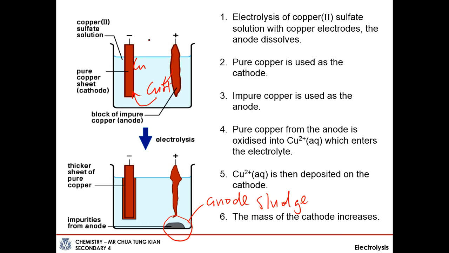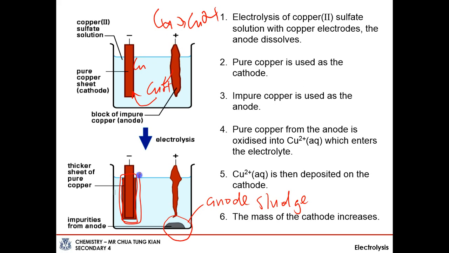If you think about this, as the process continues, it means that this anode will actually start dissolving. Only pure copper can become Cu2+, because only Cu can become Cu2+. So Cu2+ will travel in the electrolyte over to the cathode and be reduced to form Cu on the cathode here.